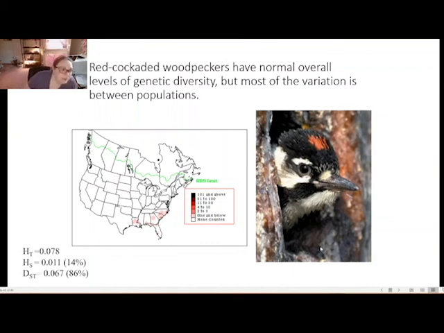When you do the math, their total heterozygosity is 0.078. Their heterozygosity within populations is 0.011, and between is 0.067. So 86% of their heterozygosity is between different populations.